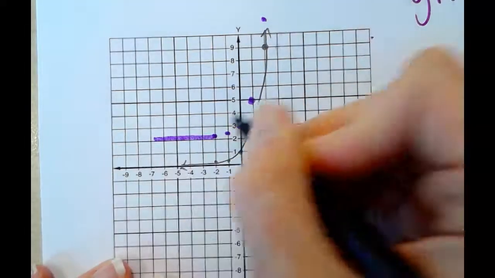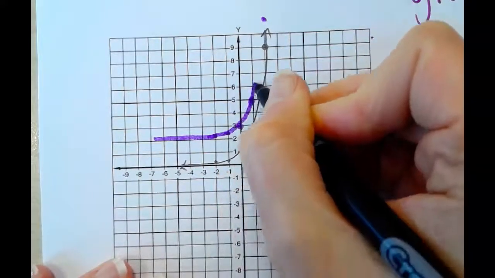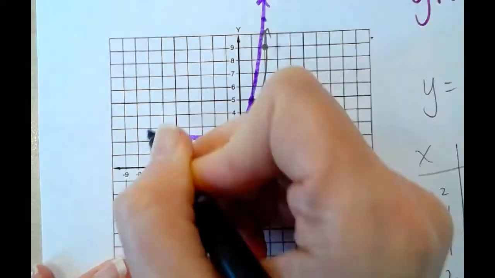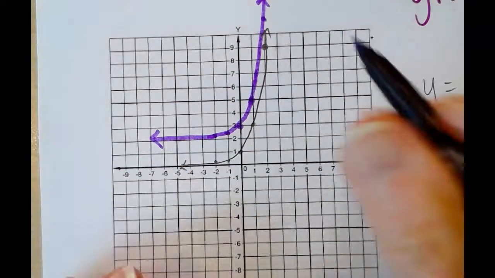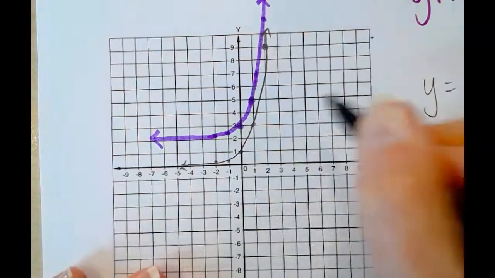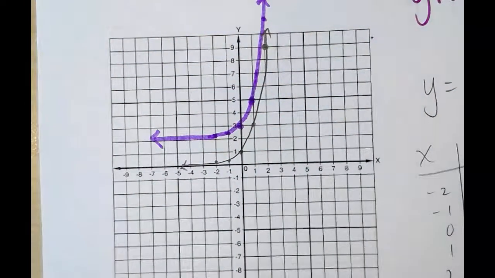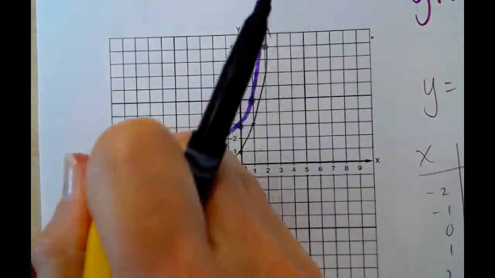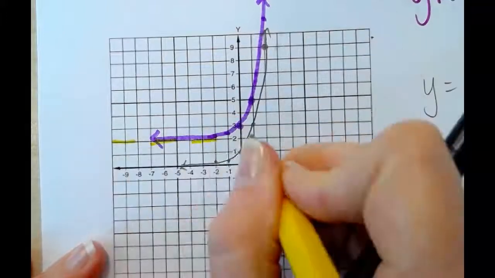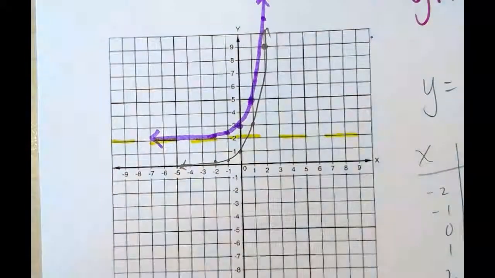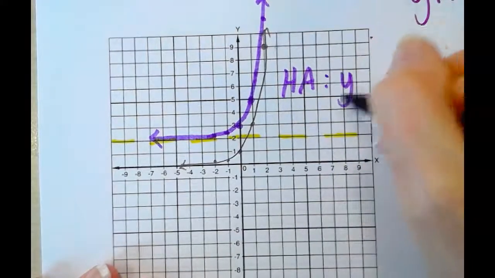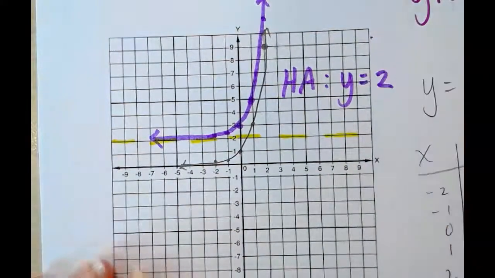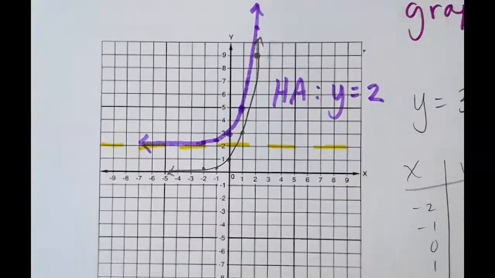Now, instead of the horizontal asymptote being 0, where's the horizontal asymptote? The horizontal asymptote is at y equals 2. I'll put that in yellow right here. Does that make sense? Okay.